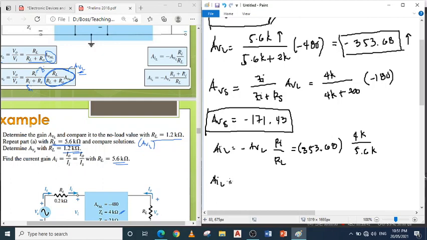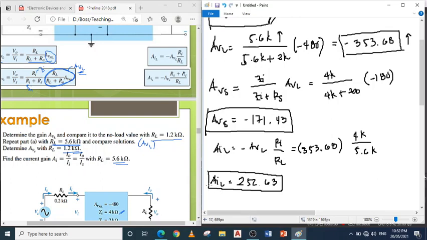So, 353.68 times 4K divided by 5.6K. So, we have 252.63. Ayan yung AIL natin.